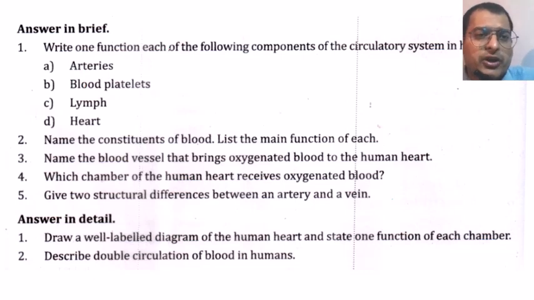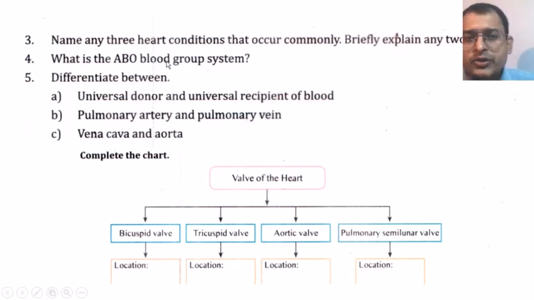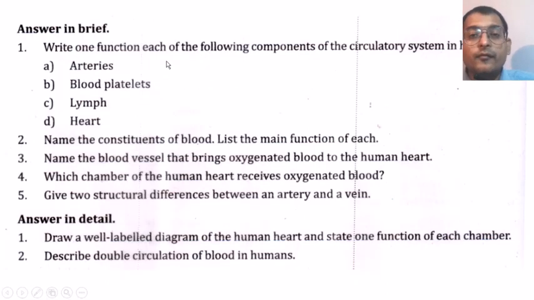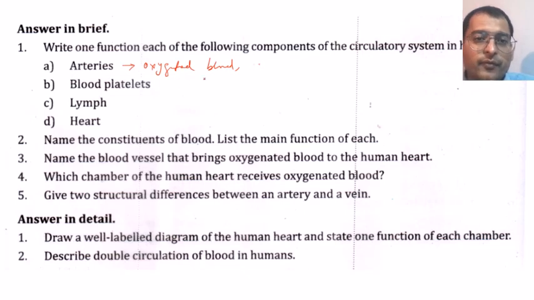State the function of each of the following components of the circulatory system in human beings. Arteries. Arteries carry the oxygenated blood. But what is the main function? Arteries carry the blood away from the heart. Okay.